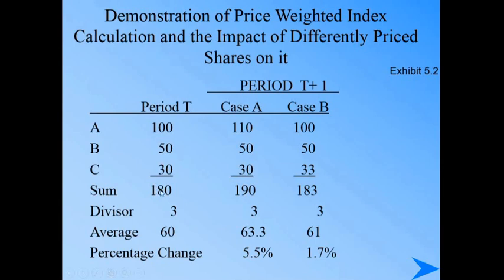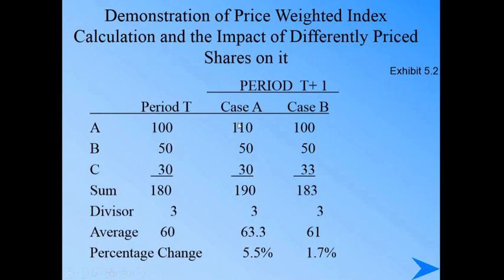So this is 180 divided by 3, and so the average that we will get is 60. Since there is no initial value assigned, we will discuss in the other indexes that initially some value is assigned, but in the Dow Jones Industrial Average the first value was like 60, and that is the index value on day 1, the first day.